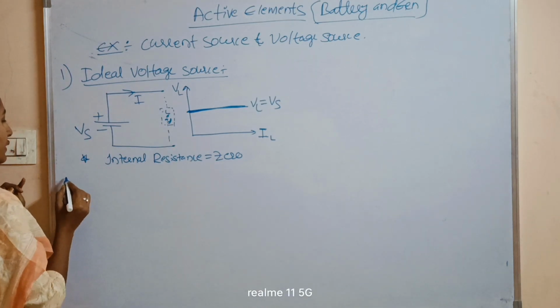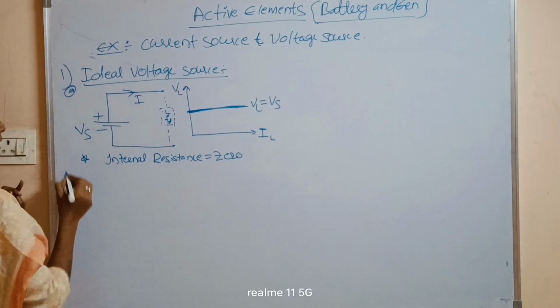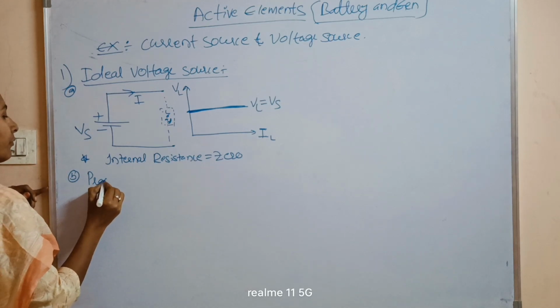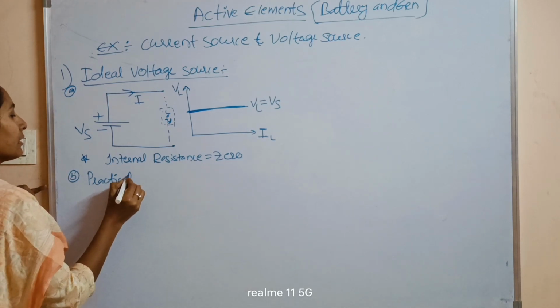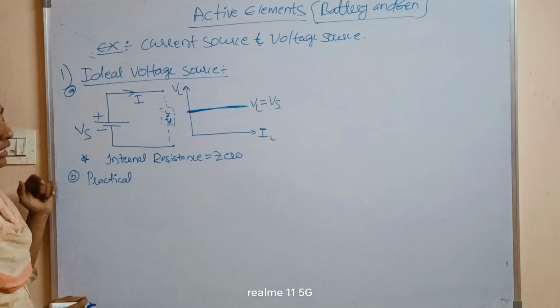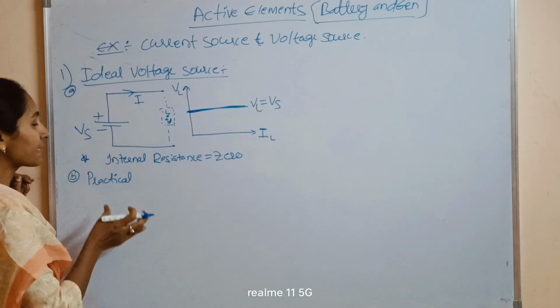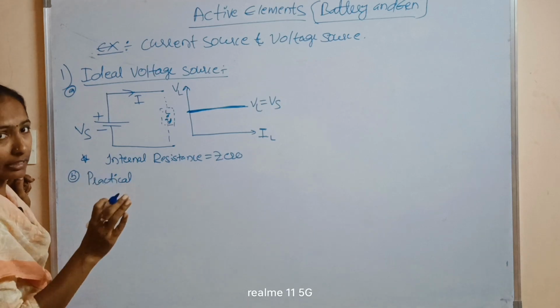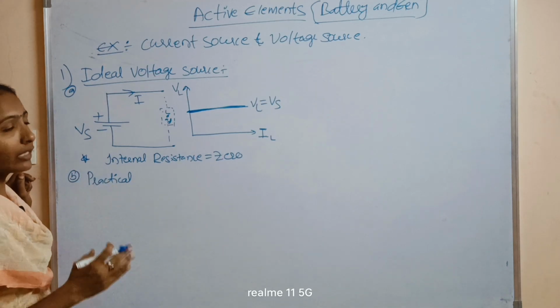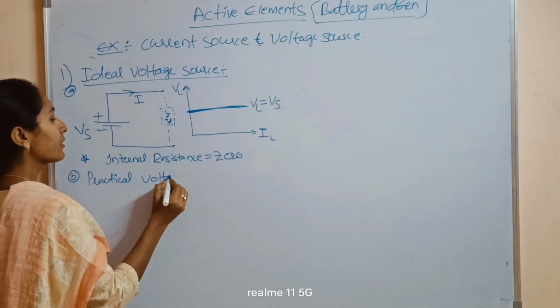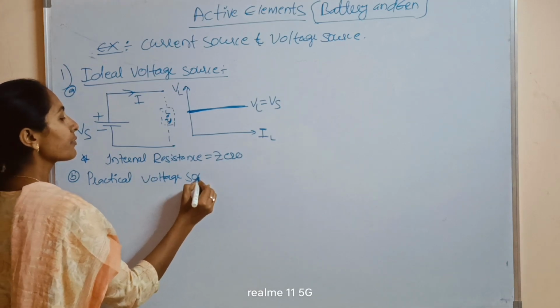Now coming to the second consideration, this is A and this is B. That is the practical case. Practical means some losses appear, so the efficiency is not exactly 100, it is less than 100. So the practical voltage source.